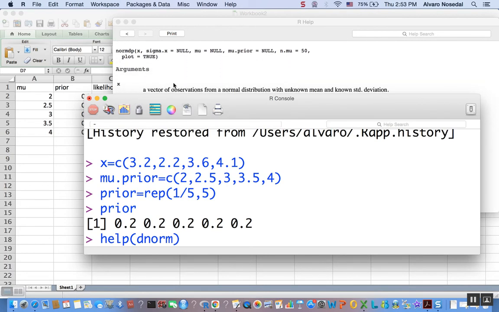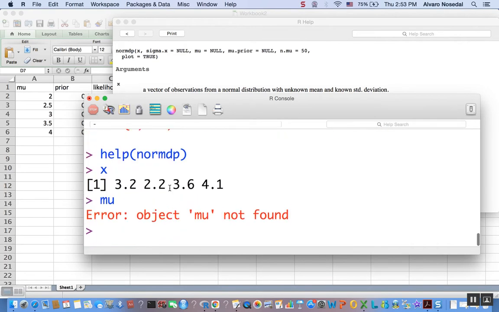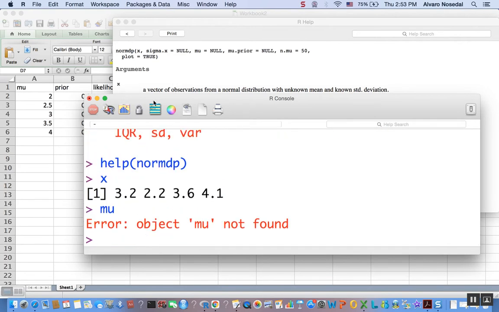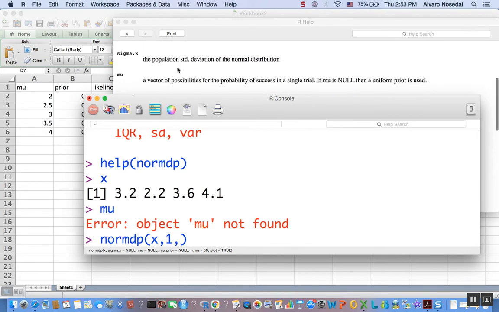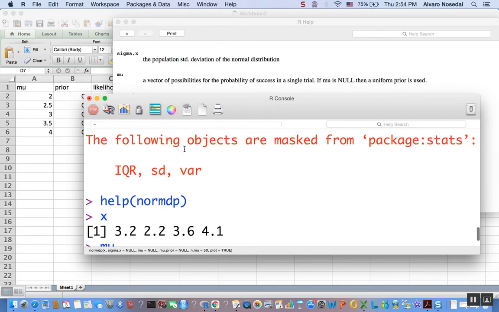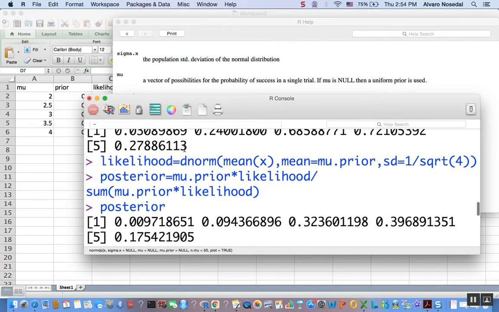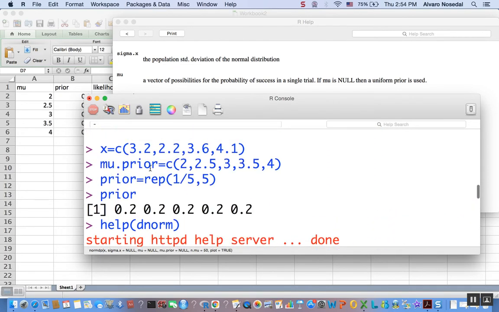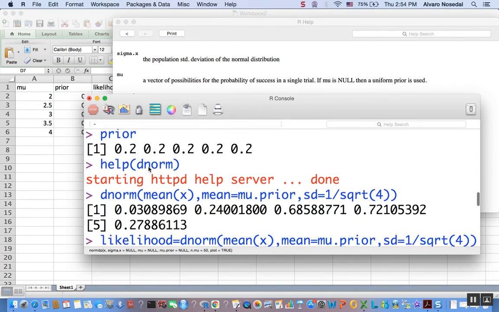Let's see if that works. So norm dp, right? We have x, we have 1, we need mu, which is the vector of possibilities, and for this one the vector of possibilities is mu prior.